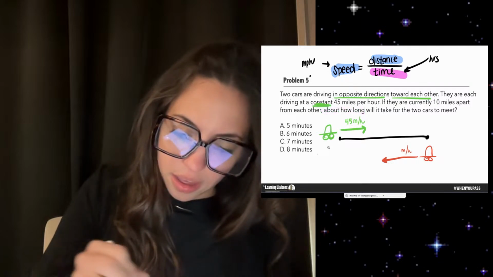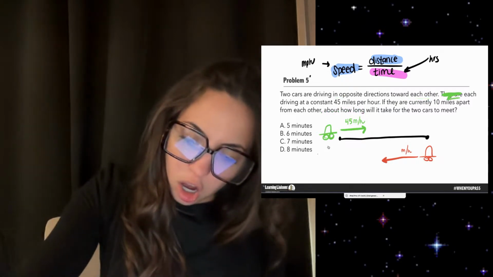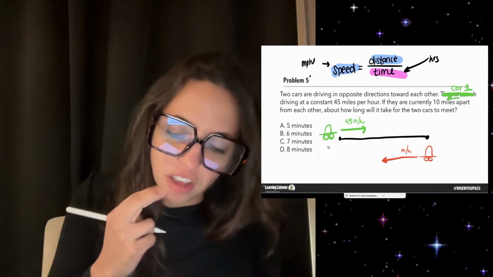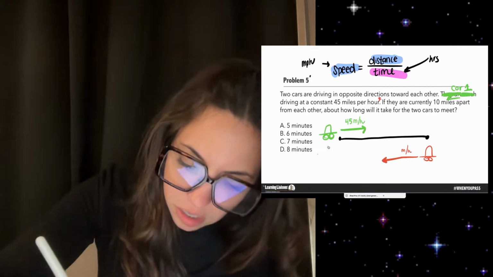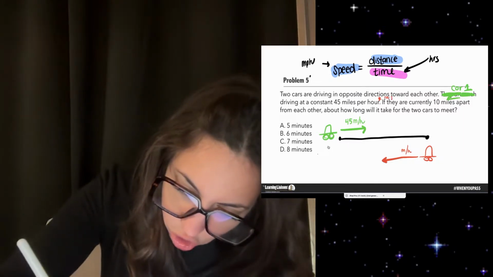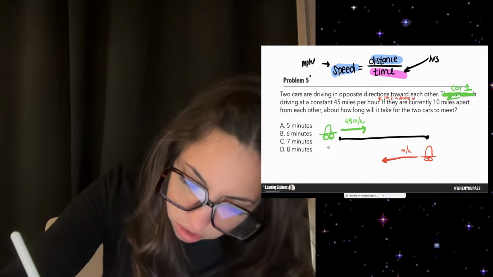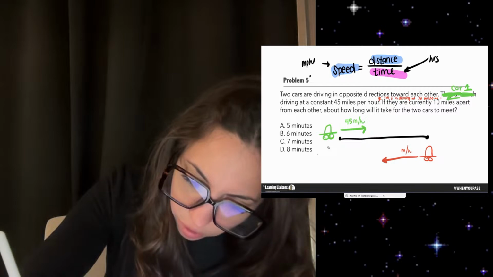Okay, what if car 1 is driving at 45 miles an hour and car 2 is driving at 20 miles an hour?